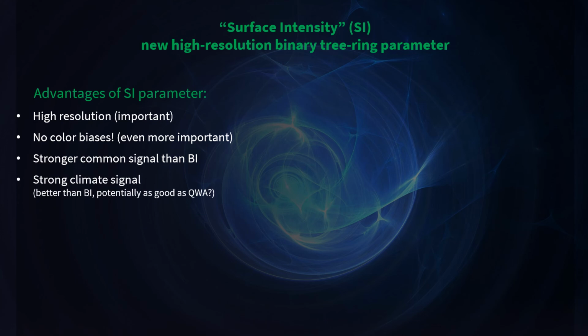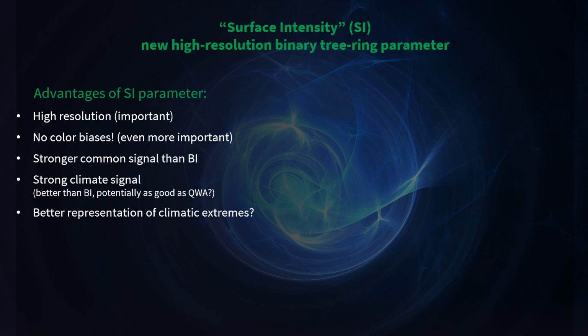The surface intensity data sets also have a very strong climate signal. I guess in most situations this should be better than blue intensity, but potentially it could be as good as quantitative wood anatomical data sets under optimal conditions, I would say, or when we can measure this parameter in the best possible way.